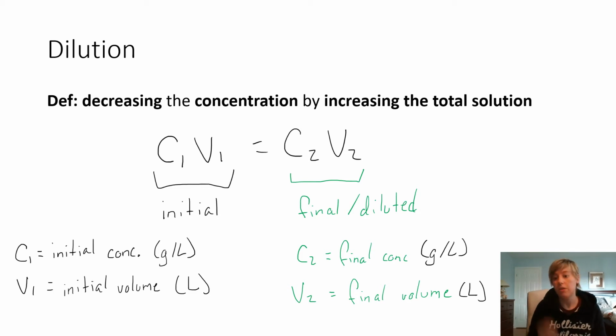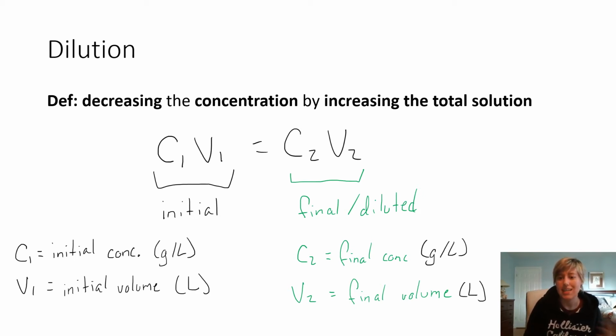Now, you might notice that there is no mass of solute in this because when I am diluting, I am not changing the amount of solute that I have. I am just increasing my total amount of solution. So the amount of solute actually never changes in my dilution.